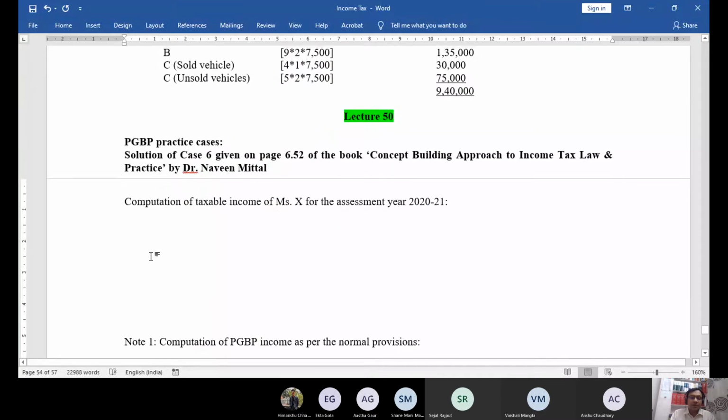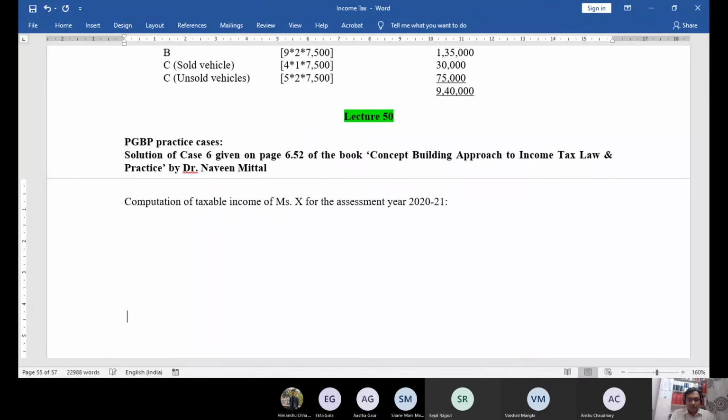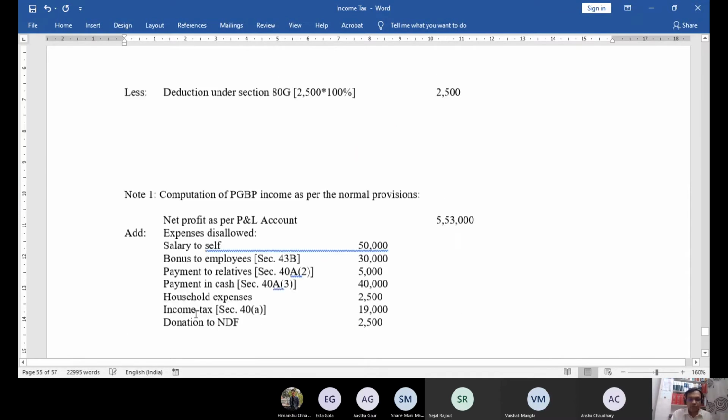So I'm writing here above when I will compute my final income. Can you tell me how much will be the deduction and which section? It is deduction under section... anyone who can tell me? 80G. Yes. It is allowed 100%. So whatever is the donation is your deduction, 2,500 rupees. If you don't remember, no issue, it will take time to learn.